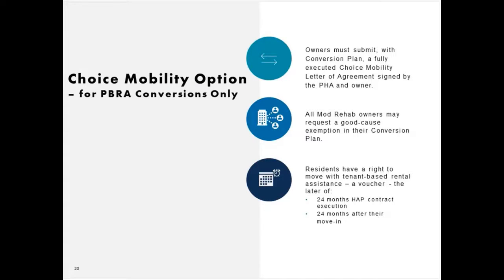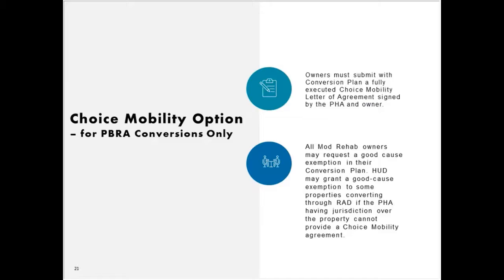However, there are instances where the PHA may not be able to provide this option, and so the project owner can submit a request for a good cause exemption in their conversion plan. HUD will review that request and approve it based on their reasoning if it should be granted a good cause exemption.